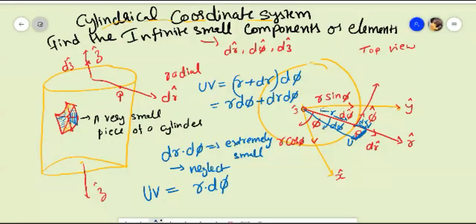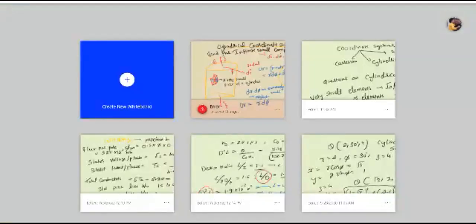So now we got our uv, and let us talk about the other length. We have our small length uv equal to r multiplied by d phi.